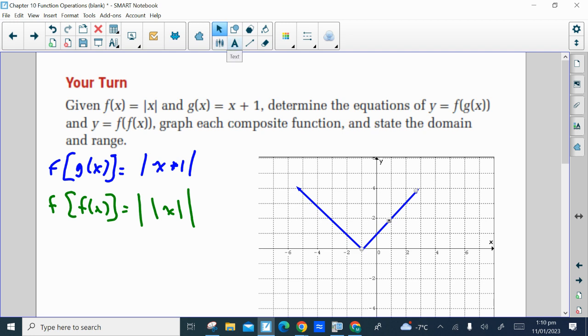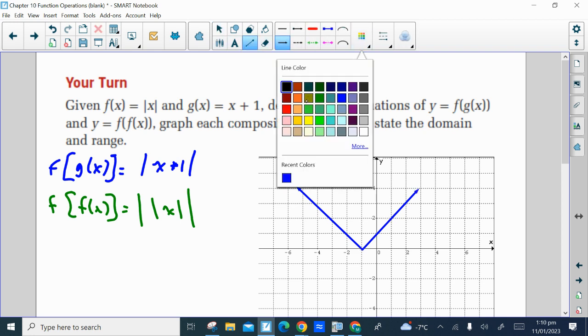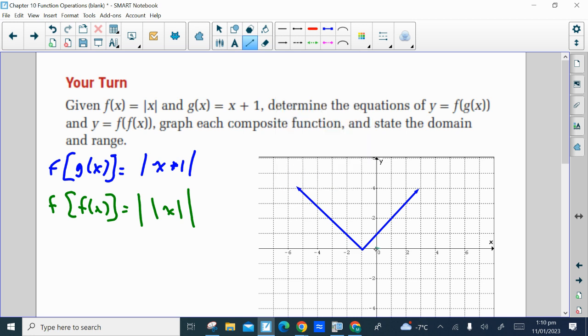But that's that graph. And then the second one is just the absolute value of x, actually the absolute value of the absolute value of x, but as we said, it doesn't matter how many times you take the absolute value, it's going to end up with the same number every time. Right, so that's that.